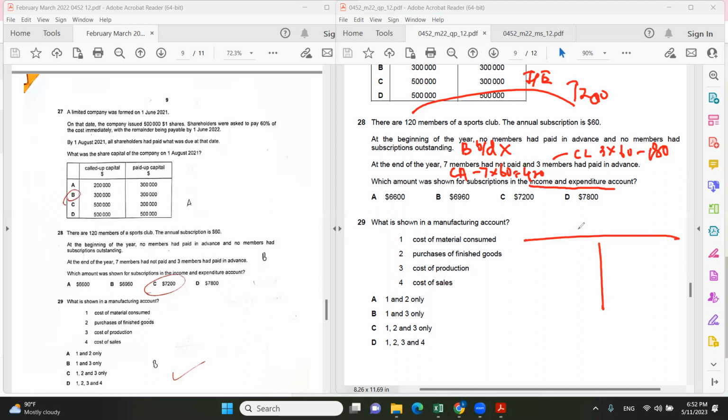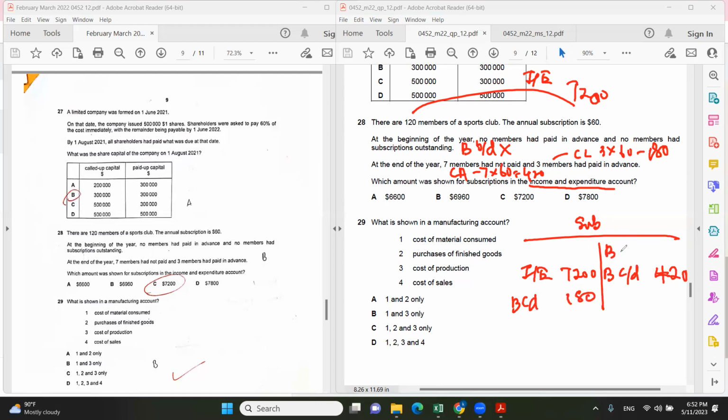We open the subscription account. Beginning of year, balance brought down, we don't have. And in here, this is income and expenditure, 7200. End of the year, we have a current asset, which is balance c/d, 7 times 60, 420. And then this is a liability, balance c/d, 180.